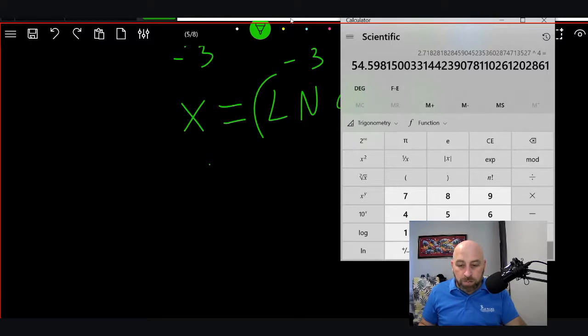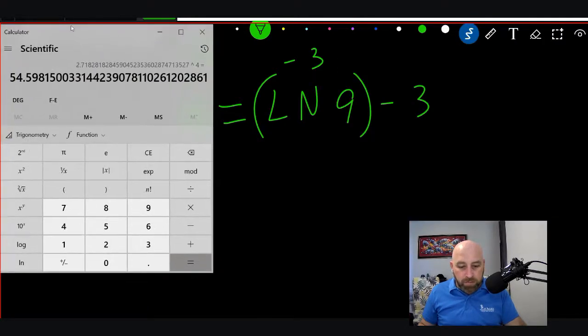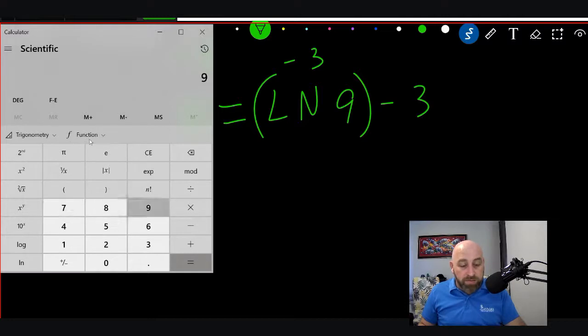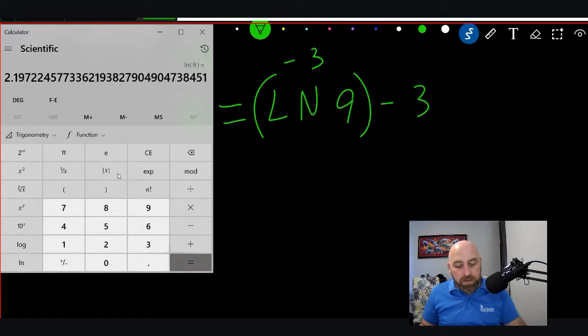So we're going to go back to the calculator. Let me bring it over here, and we're going to do the natural log of 9. So on mine, I have to do 9, and then the natural log, the ln, and hit equals. And that gives me 2.19, and then I just minus 3 equals.